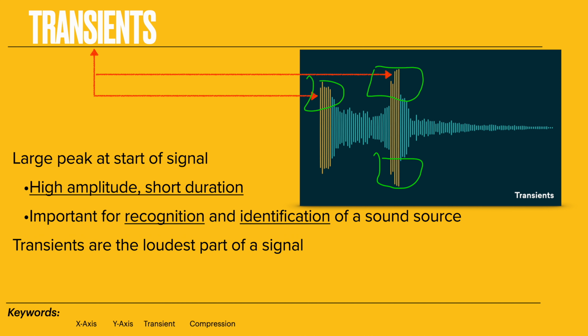Transients are the loudest part, as you can see, because again, this y-axis is going to be volume. So you can now see that because of this peak up here, this peak down there, that's going to be the volume of this. To control the volume, what I'm trying to do is control these higher, louder parts relative to these quieter parts.